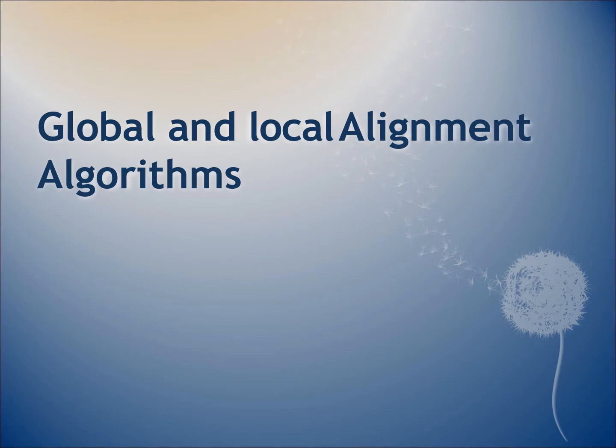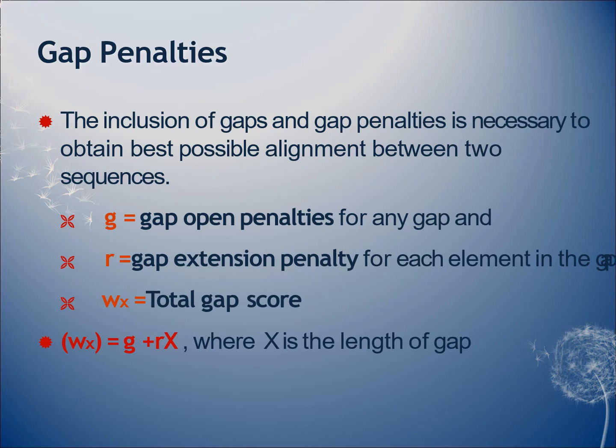Talking about local alignment, we'll talk about the gap penalties first before moving into the algorithm and alignment scores. The inclusion of gaps and gap penalties is necessary to obtain the best possible alignment between the two sequences. Why are gap penalties necessary?